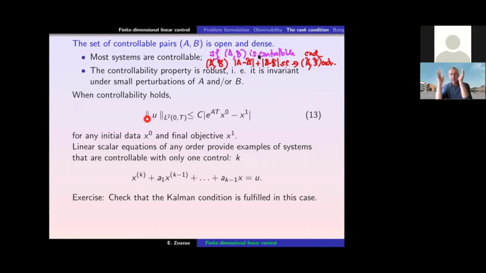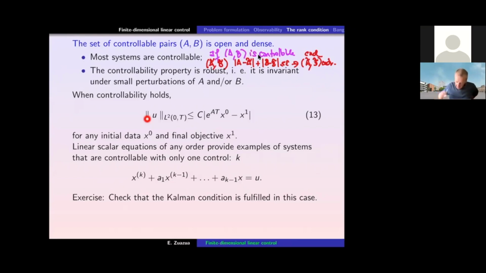Thank you. Indeed, A B controllable means that the rank is equal to n, and the rank depends continuously on the coefficients of the matrices. So small perturbations of the coefficients, whether I change the A or the B or both, don't really matter. If I just do it a little bit, the rank is continuous. On the other hand, the rank is discrete, right? Therefore, it will not jump from n to n minus 1 in just a small neighborhood. Very good.